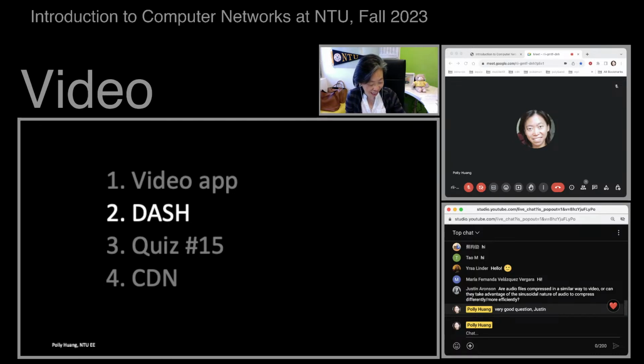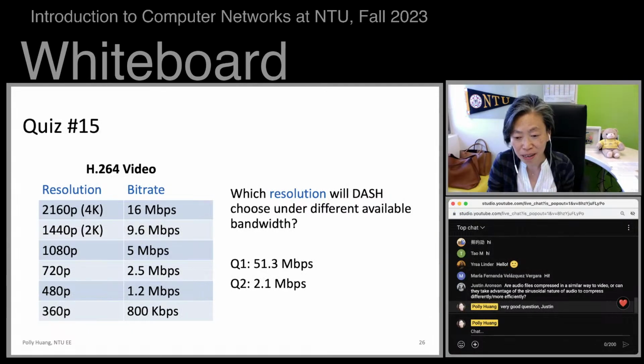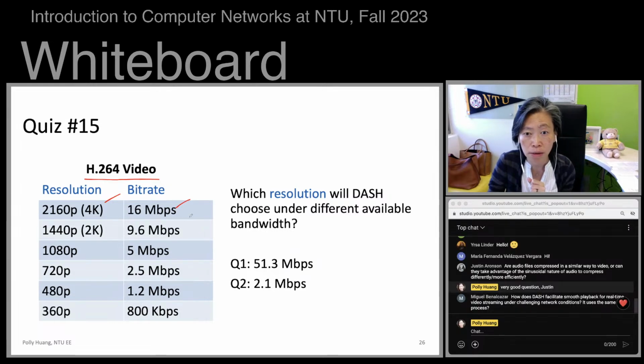And hey guys, quiz 15 is coming. This is asking, in case you are now a DASH client, and this application is using the H.264 video codec. The nature of H.264 is this: if you want to send a 4K video, usually the video stream coming out is at this bit rate, 16 megabits per second.